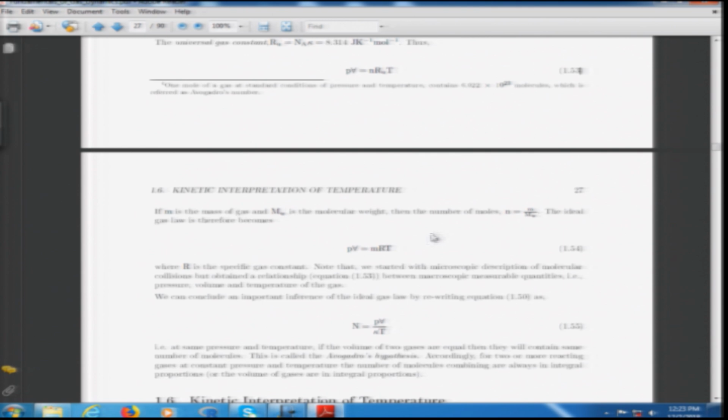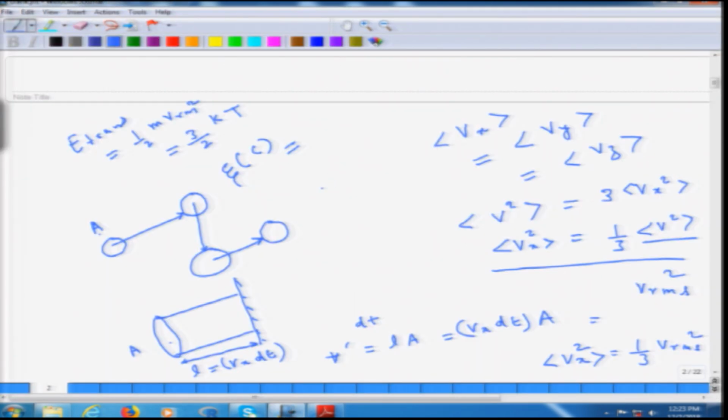Note that here R is the specific gas constant, given by Ru divided by Mw.